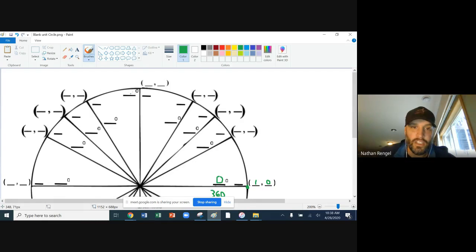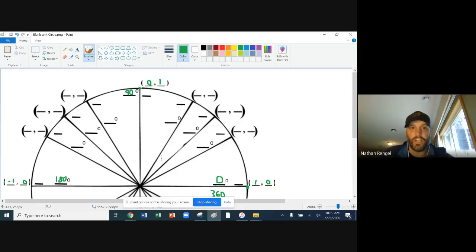If we head up to the top of our Y-axis, this is another highlighted angle measure, 90 degrees. That has an X coordinate of 0 and a Y coordinate of 1. If we head down to the negative X coordinate, this will be 180 degrees, and that's going to have an X coordinate of -1 and a Y coordinate of 0.